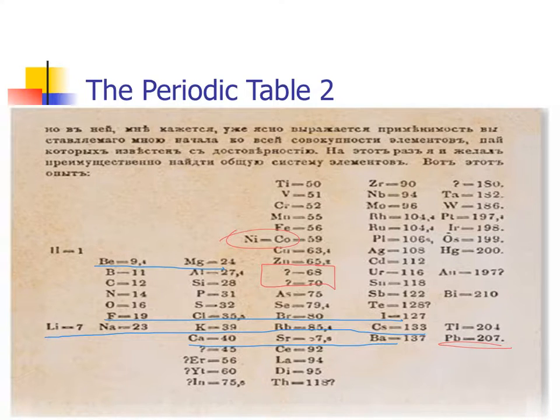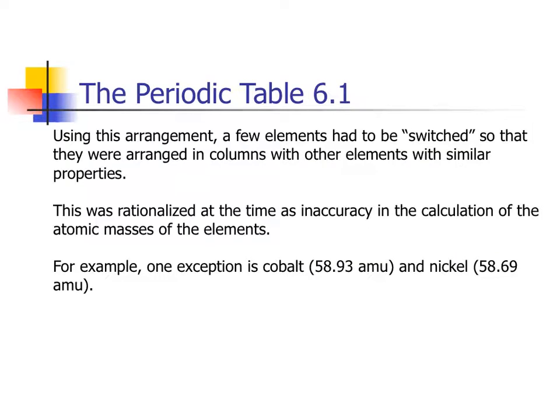They didn't have good scales, or the technology just wasn't there as the ones that we maybe have now. So some things needed to be switched, such as cobalt and nickel, having ones that are very close. You have some inaccuracies in their calculations, and a lot of people were pretty happy with that. Some had to be switched so that you had some things working around for it.